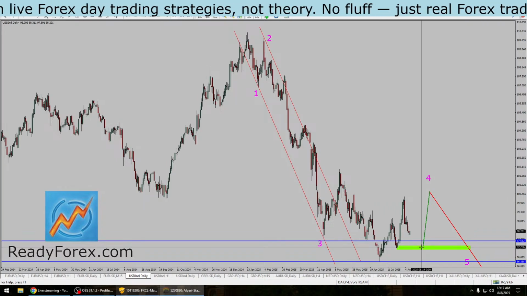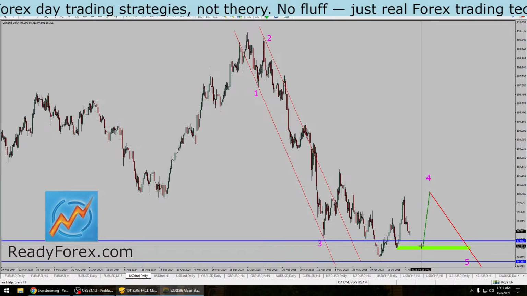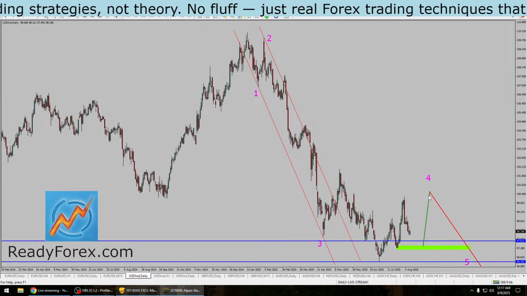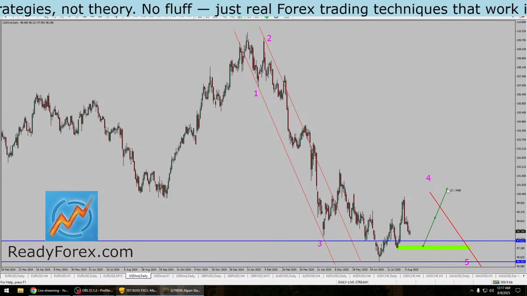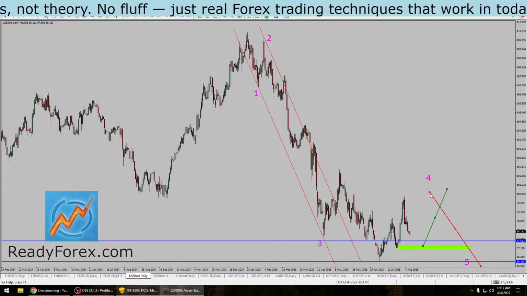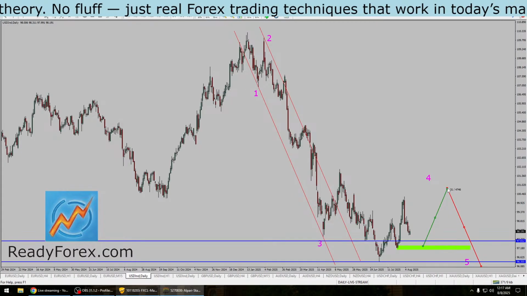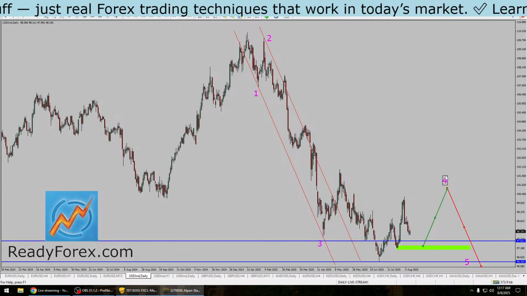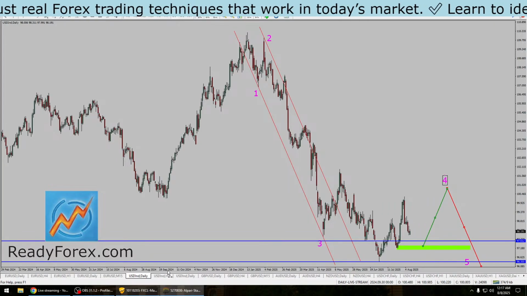This color highlighted suggests that we might get a bullish leg over here. So I'm basically waiting for the price action to drop a little bit more first in the DX, and then I expect a bullish leg.